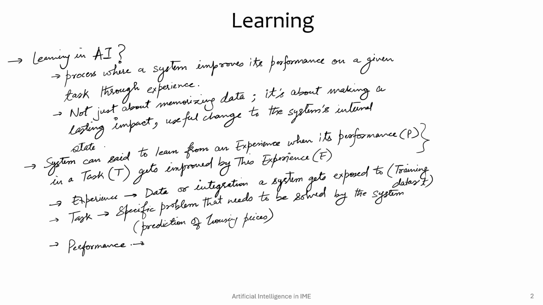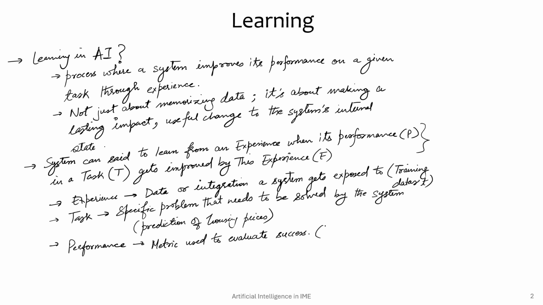Now we have defined what is a task and what is an experience. Now, how do we evaluate the performance of the system after learning something new? This can be done by using a metric that can be used to evaluate success.